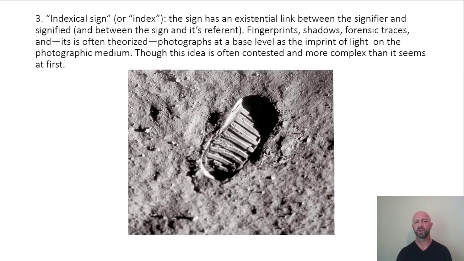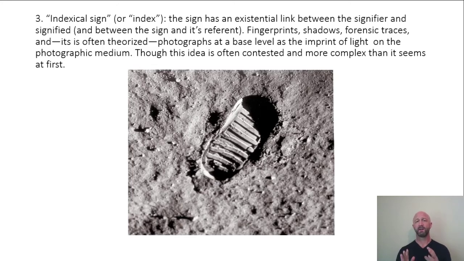In this photograph, which was oftentimes circulated to show the superiority of the United States in winning the race to the moon, it's really not a symbol of America's greatness. It's only just a symbol of that foot touching things.